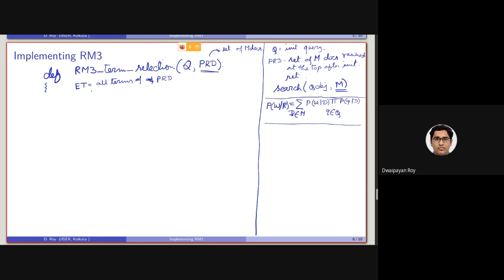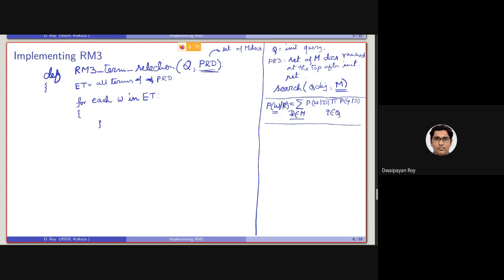After getting all the terms from the PRD, we need to consider, for each W in ET, a summation over all the documents in this PRD.